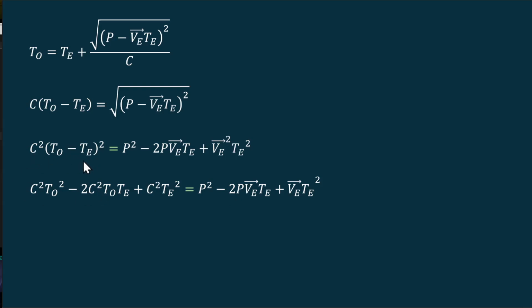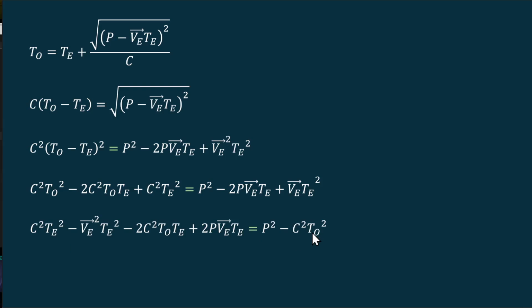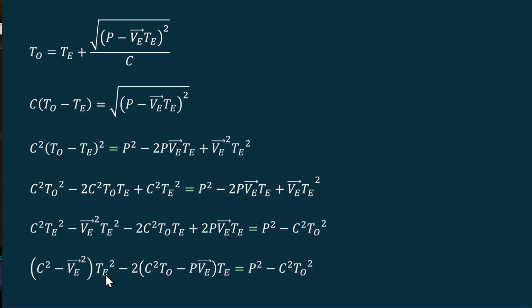And if we expand this left term also, because we end up with terms that are just time observed, then we can move the time observed over with the position, and these other two terms over to the left, and you end up with basically c squared times the velocity of the emitter squared times the time emitted squared minus 2 c squared, a time observed, the position dotted with the velocity times the time of emission.